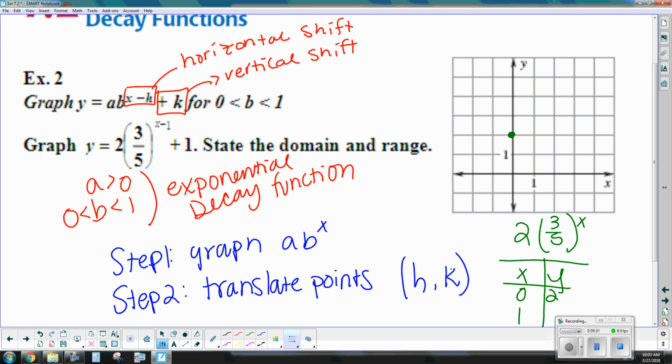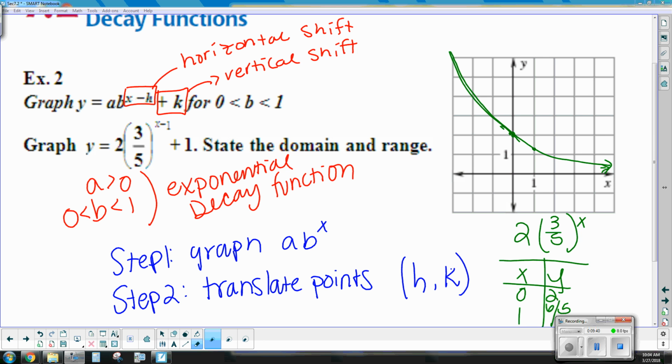And when x is 1, y is 6/5, which is 1 and 1/5. So right about here. And then we're going to draw that curve. It's going to go through these 2 points, and it's going to get closer to the x-axis, but it'll never actually reach it. So here's our curve.